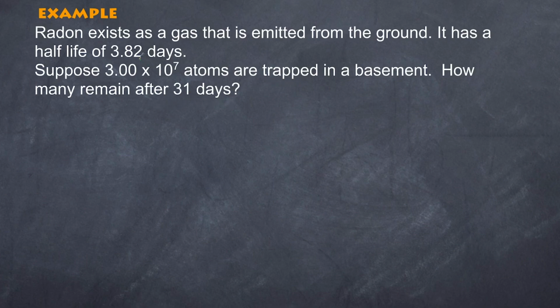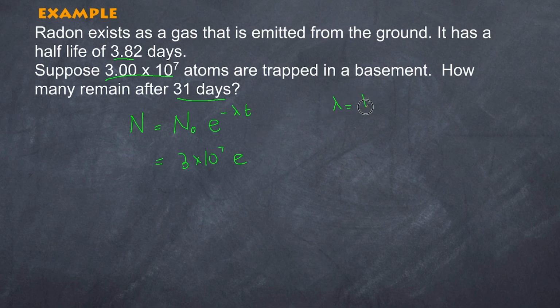Well, we have a number of things here. We have our half-life, we have our initial N naught value, and we have the time. So if we now use the formula, we know that N is equal to N naught e to the negative lambda t. Now our N is what we're interested in. Our N naught in this case is 3 by 10 to the power of 7. Now we need to know lambda, and our lambda of course is the decay constant.